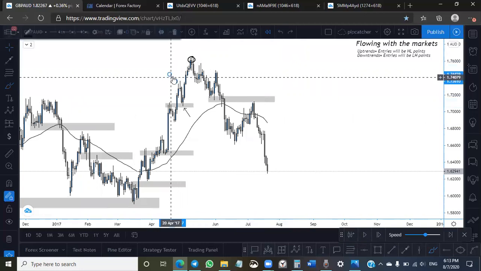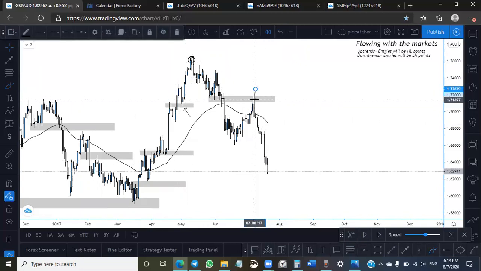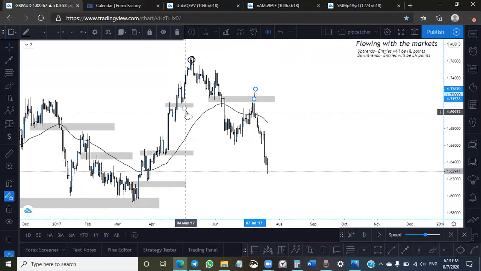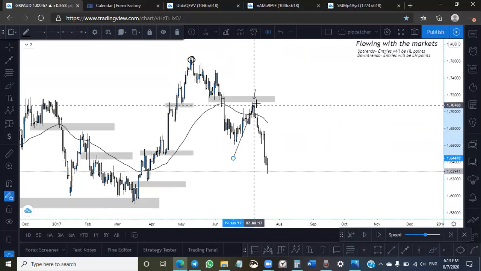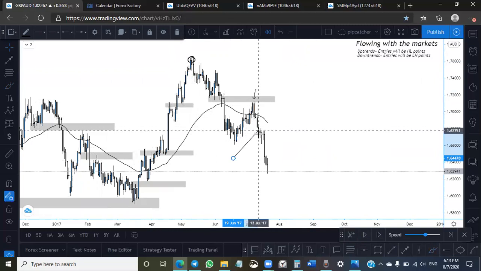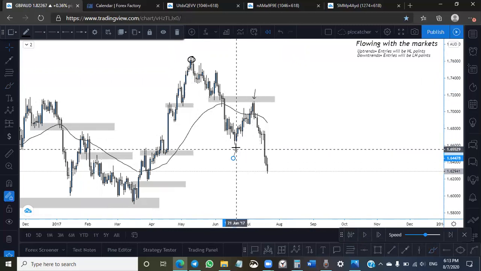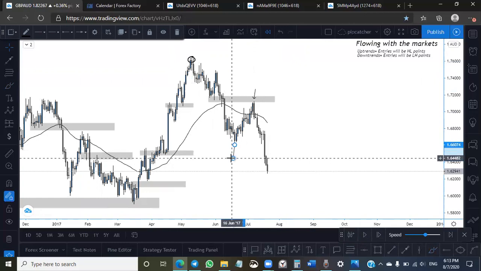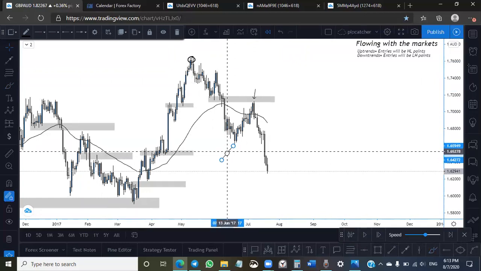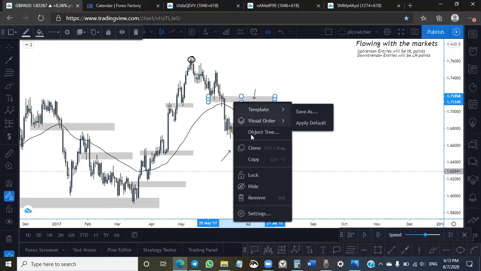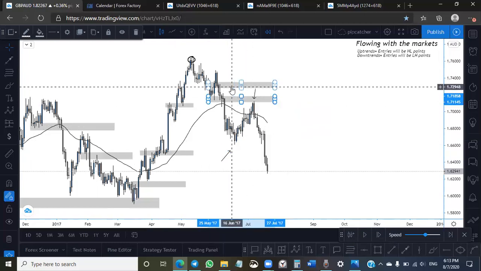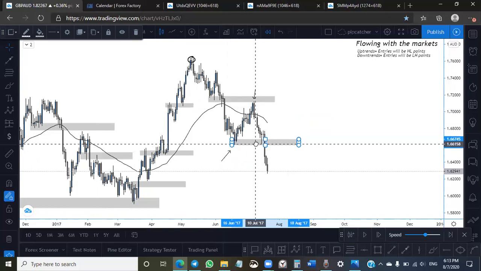So we have a lower high and a lower low right here. The market rejected from our area and broke through this low here. So maybe we can use this area as a potential opportunity now to continue to the downside.